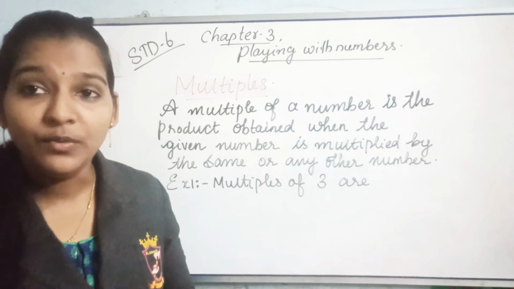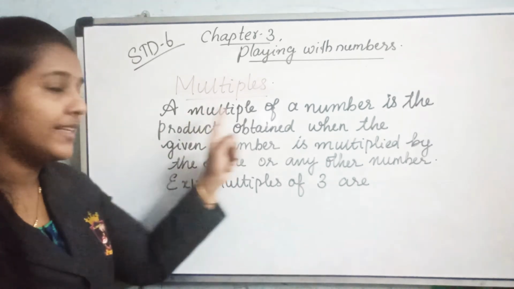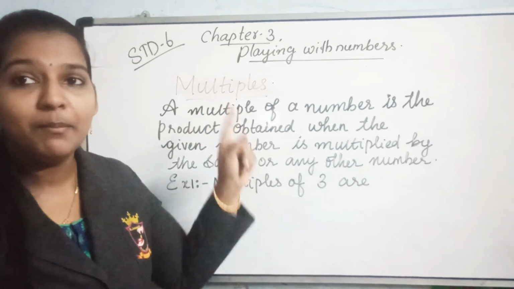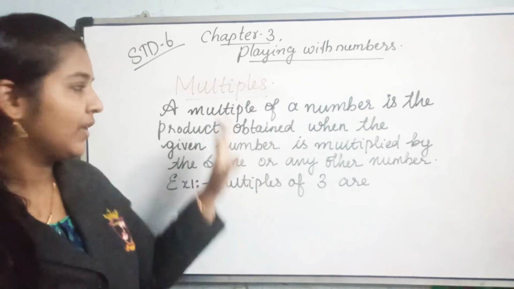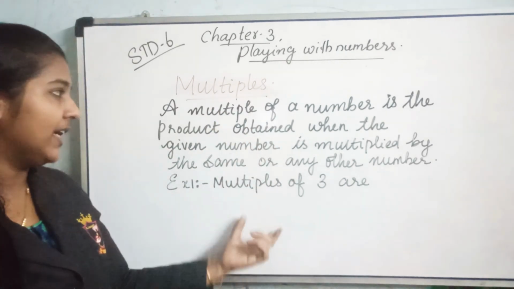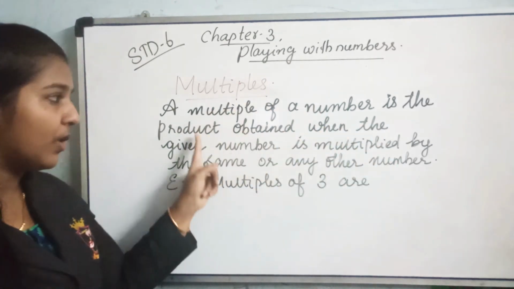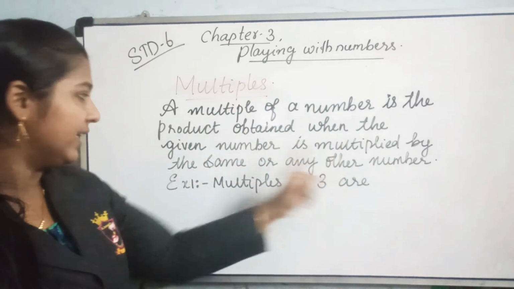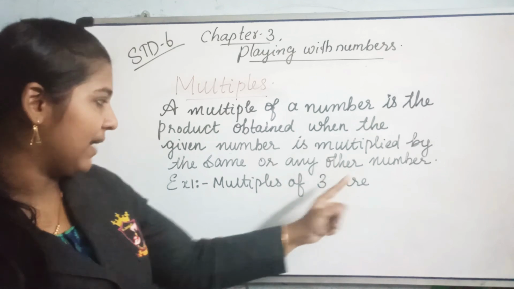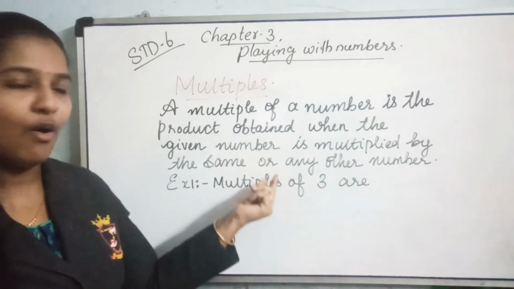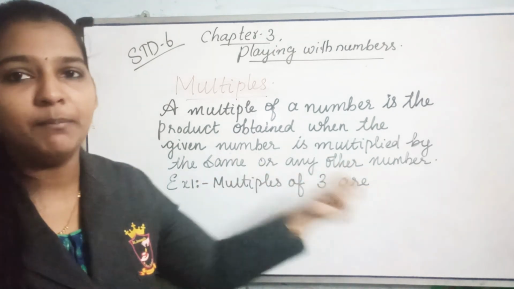Children, now we are discussing multiples of a number. By definition we can say that a multiple of a number is the product obtained when the given number is multiplied by the same or any other number.